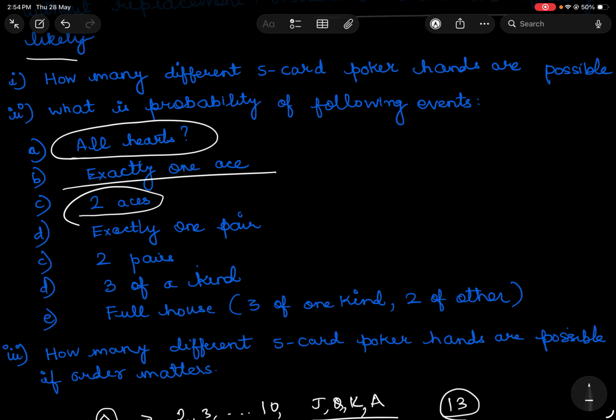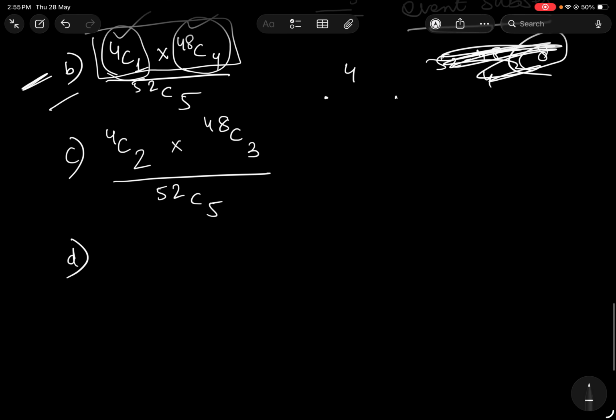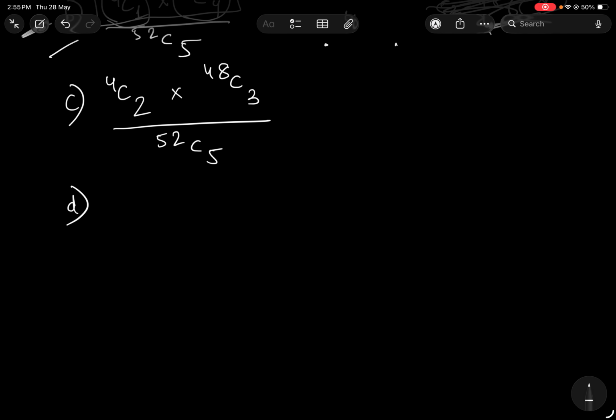Now I'm saying I get exactly one pair of one kind. So what I mean is that I get one pair of either diamond or this or this or this.